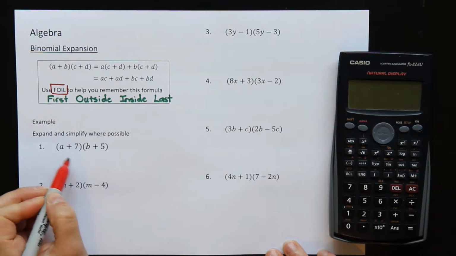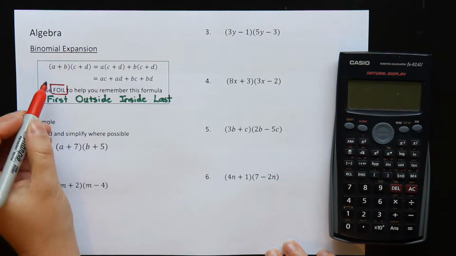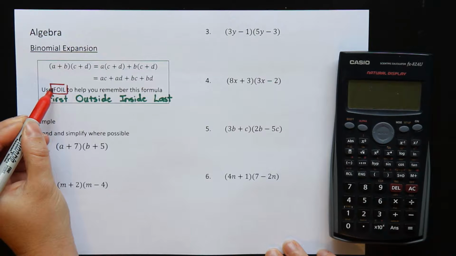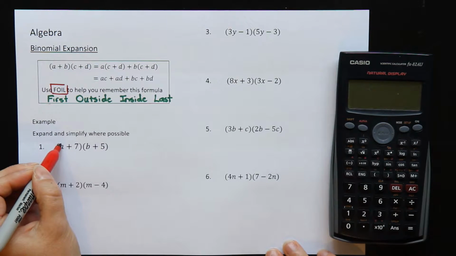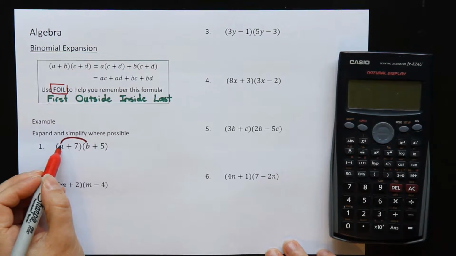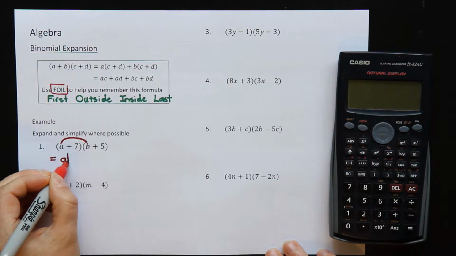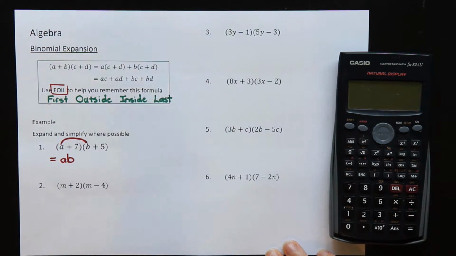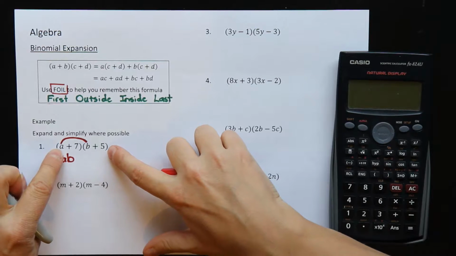If I want to expand out these brackets here, I use FOIL. The F in FOIL stands for first. That means the first thing in each bracket needs to be multiplied together. A times B is AB. The O in FOIL stands for outside, which is the two things on the outside of the brackets.